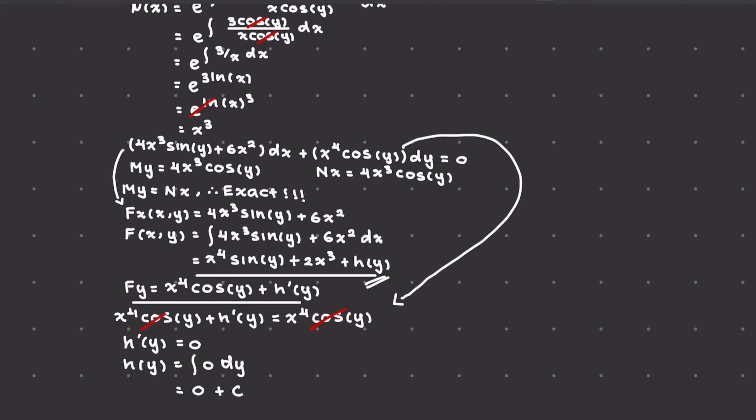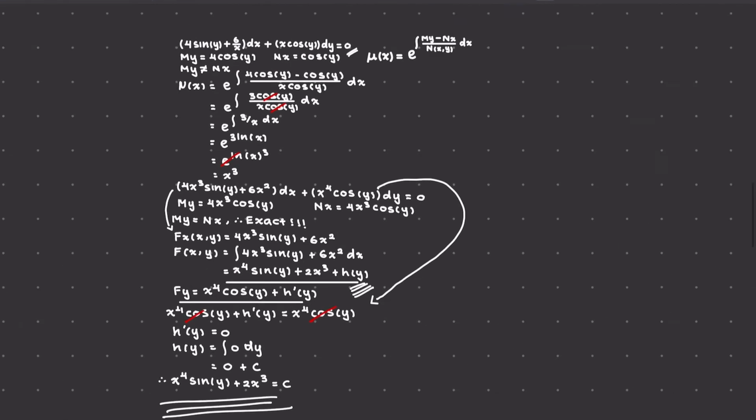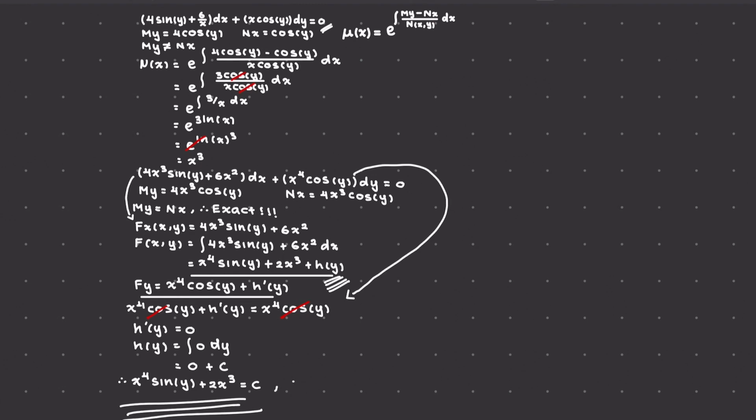Substituting it back, we get x to the fourth sine y plus 2x cubed, plus 0, so we don't need to write it, equals c. And this is our final answer to this almost exact differential equation, our general solution, since there is no initial value problem given at the start of the problem.